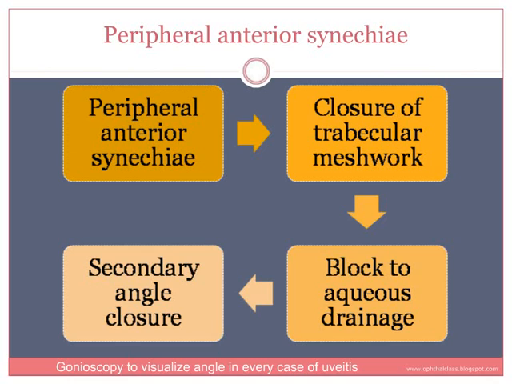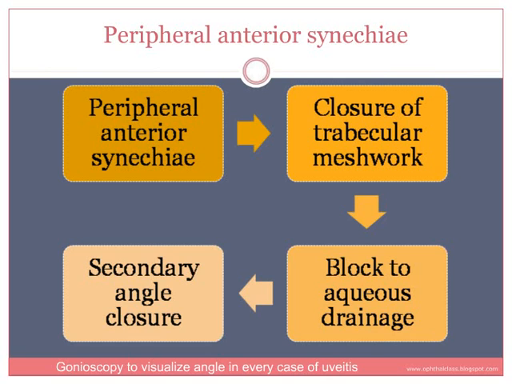What about the consequences of peripheral anterior synechiae? Peripheral anterior synechiae block the angle or close off the trabecular meshwork, resulting again in the blockage to the aqueous drainage from the eye. This again leads to increase in the intraocular pressure and secondary angle closure.